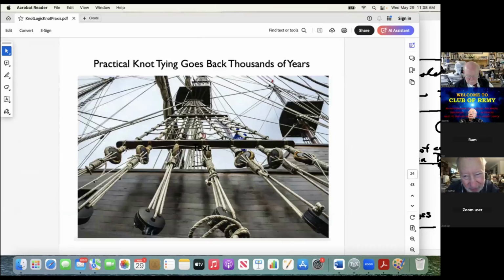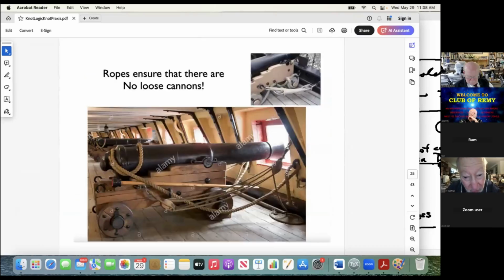And in the 1700s, when you had all those sailing ships, there's intricate rope work which is holding the whole enterprise together. Rope work for the sails, rope work for the cannons is particularly fascinating. If you look at a cannon that's laid out, you see it has very strong big ropes, because when that cannon shoots and bucks, you don't want it rolling all the way back across the floor and breaking the wall.